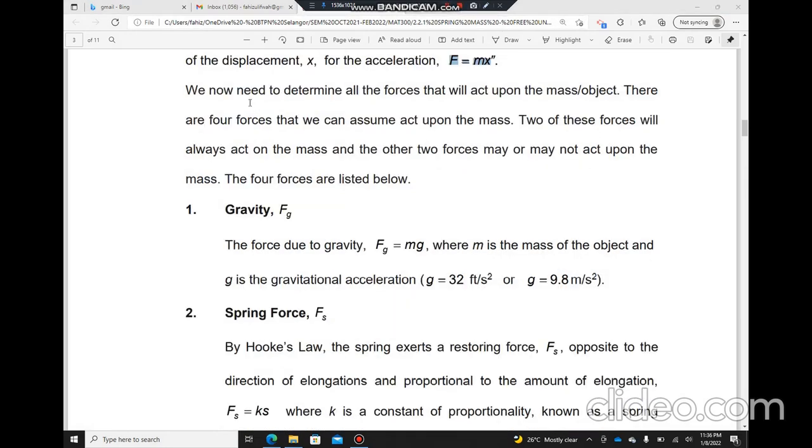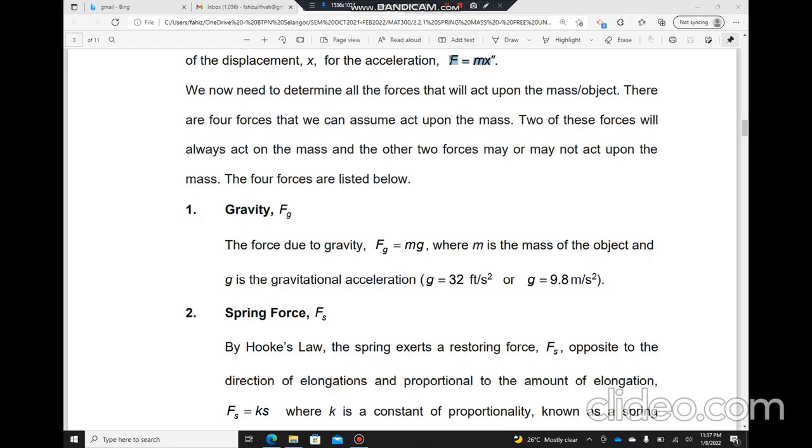Okay, we now need to determine all the forces that will act upon the mass or object. There are 4 forces that we can assume act upon the mass. 2 of these forces will always act on the mass, and the other 2 forces may or may not act upon the mass. The 4 forces are listed below.